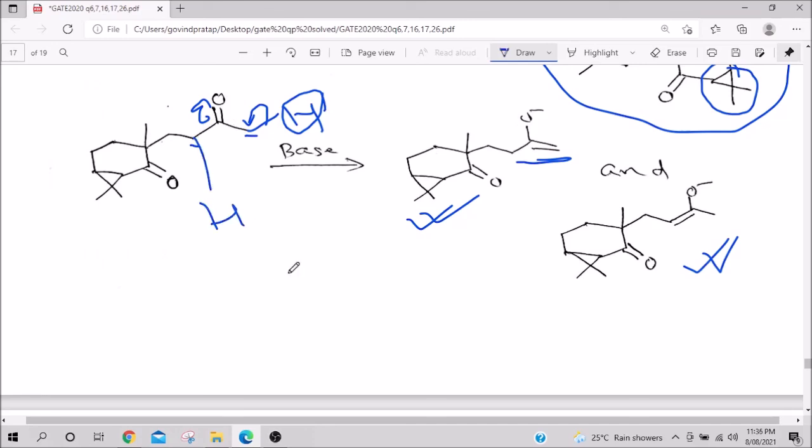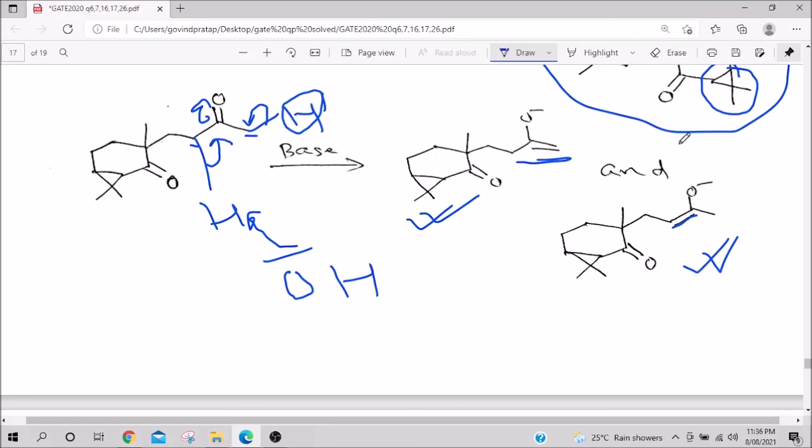So it will rather take away the proton from here, and this comes up and it goes here, and you get this one. And this is more preferred because this is the more substituted double bond. This one is the less substituted double bond. So the more substituted double bond is more favored than the less substituted.